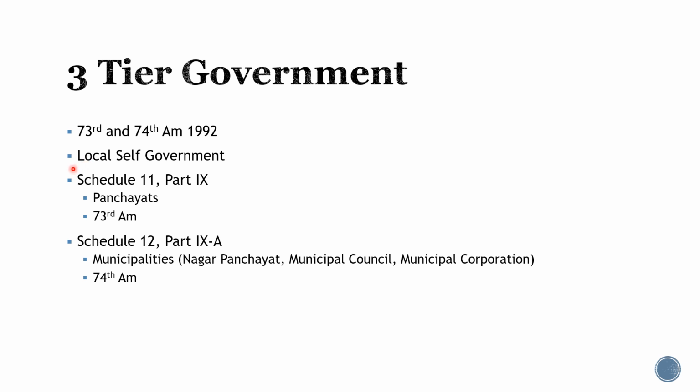So, in the 73rd Amendment Act, panchayats were introduced, Schedule 11, Part 9 of the Constitution. And in the 74th Amendment Act, Schedule 12, Part 9A of the Constitution was added, and it talked about municipalities.